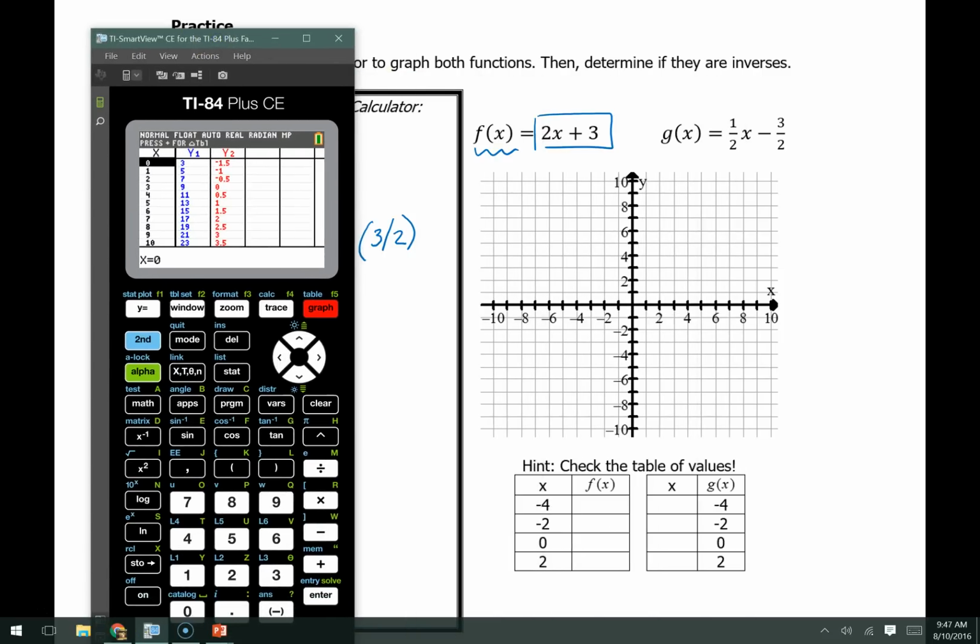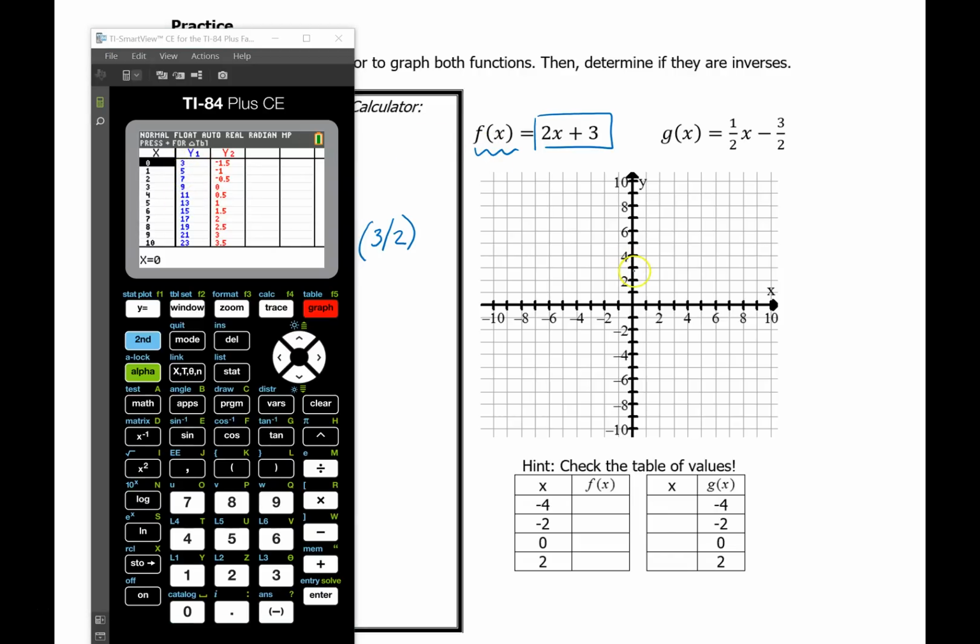Okay, so looking at this table, I'm going to put my f of x, y1 in first, so 0, 3 is there, and I'm going to pick pretty points here. 1, 5 is nice, 2, 7 is nice, 3, 9 is nice.